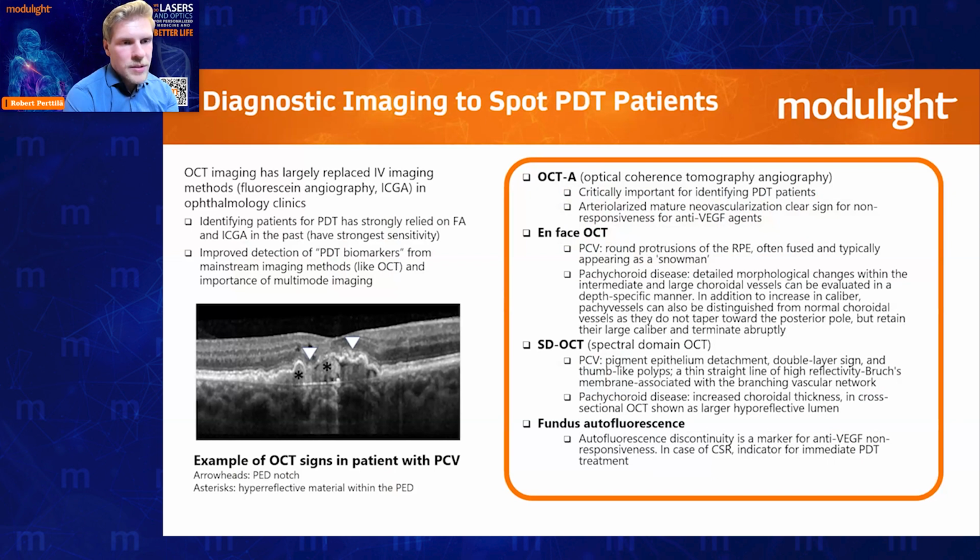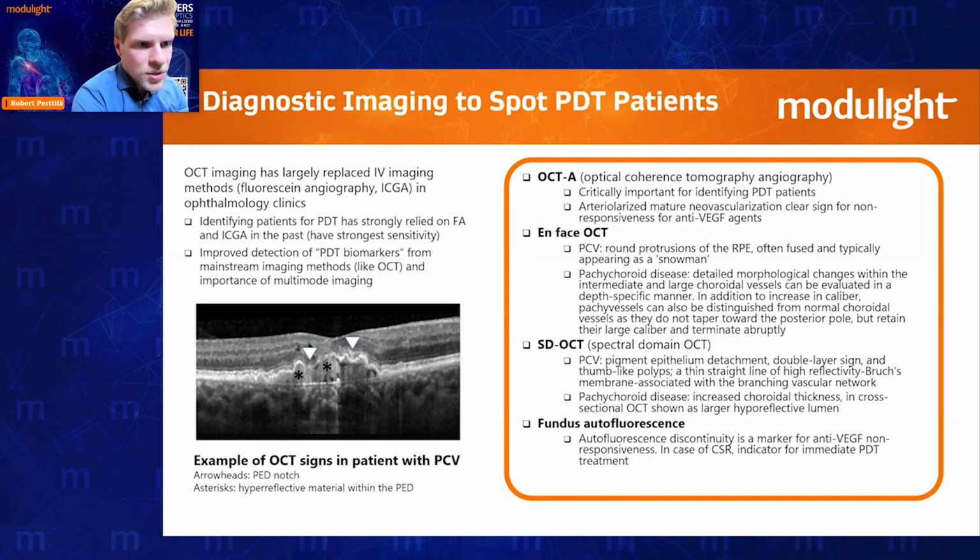So there is ever increasing importance to know what signs to look for in OCT, since traditionally PDT patients have been diagnosed using these invasive angiographic methods, but in reality they are no longer used much in practice.